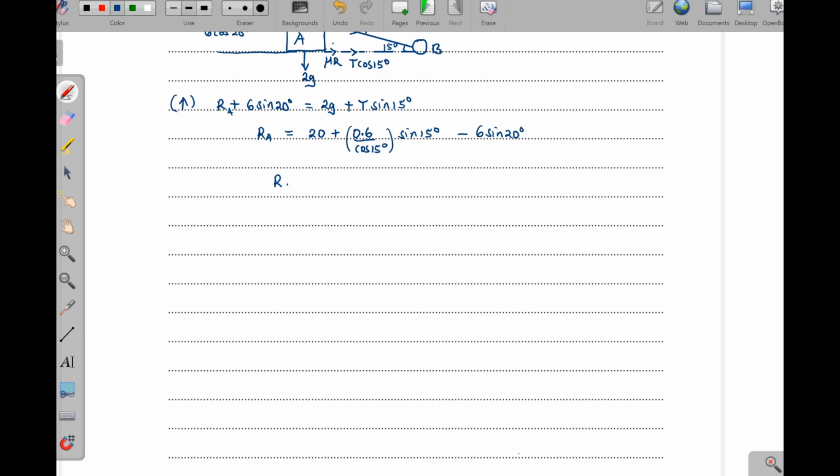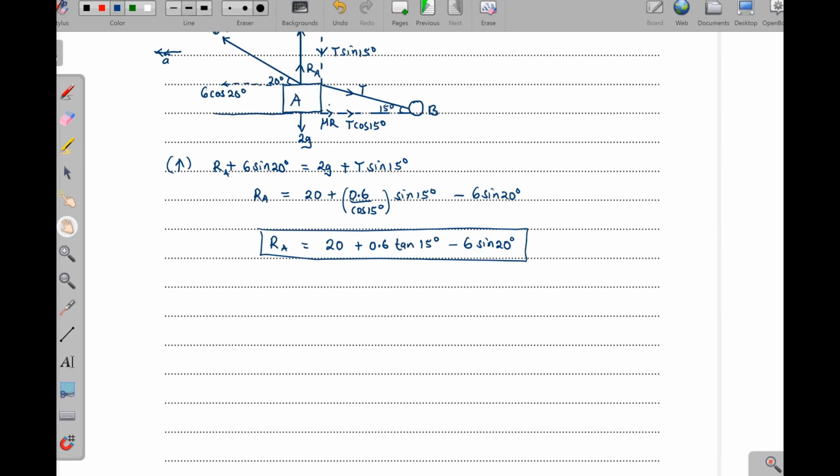That means our RA is going to be simplified as 20, then sine over cosine, we know that that is a tan, so I can say plus 0.6 tan of 15 degrees, then minus 6 sine of 20. So you can put this one in decimals, but me, I'm going to leave it here as exact, okay.